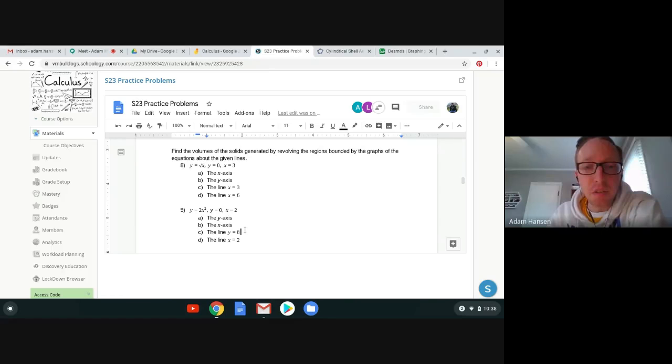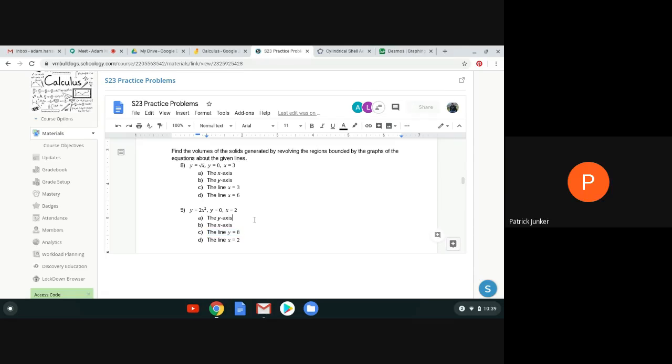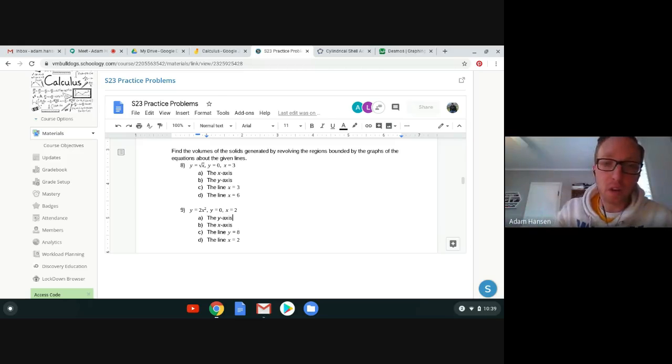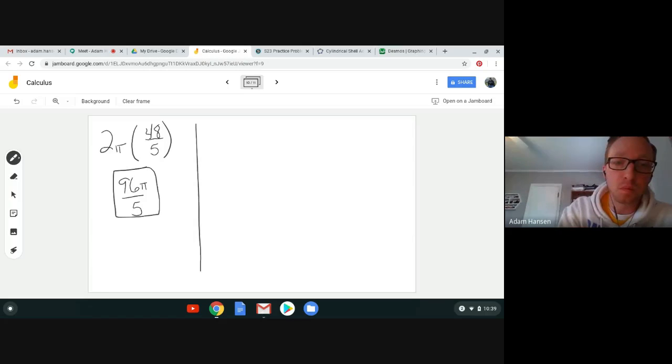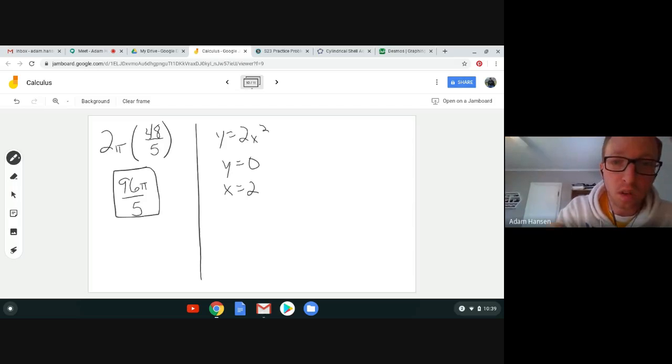We'll try 9C, Patrick. That'd be a good quick example of what a washer method would look like. Sounds good. Okay, so 2x squared, y equals 0, and x equals 2. I think we're rotating around the line y equals 8.